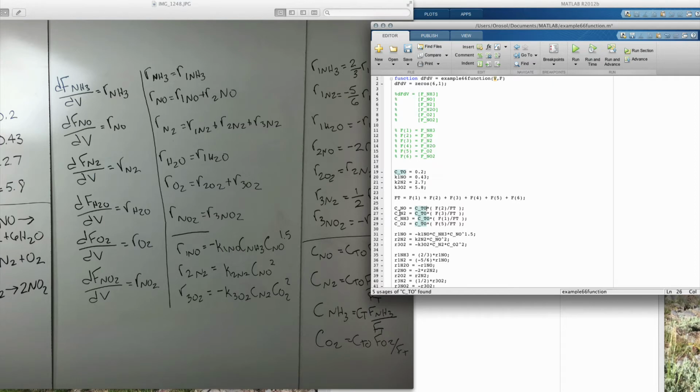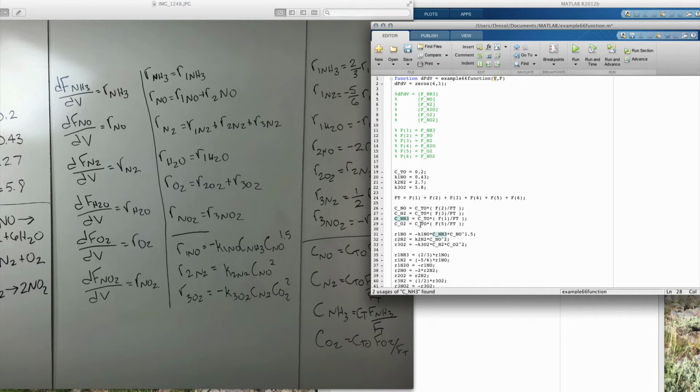And then I have the concentrations. CNO is equal to CT0 multiplied by F2, and F2, the way I have it defined, is FNO, so this is FNO divided by FT. CN2 equals CT0 multiplied by F3, and if you look up here, I have F3 defined as FN2 divided by FT.